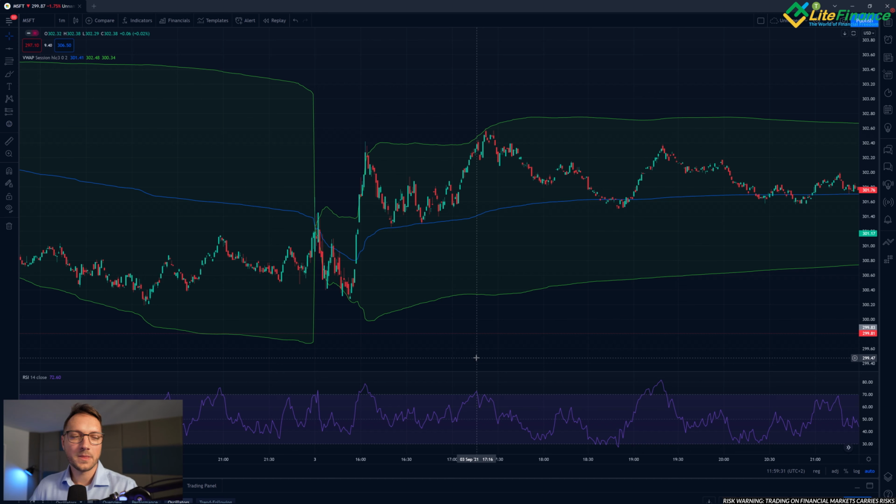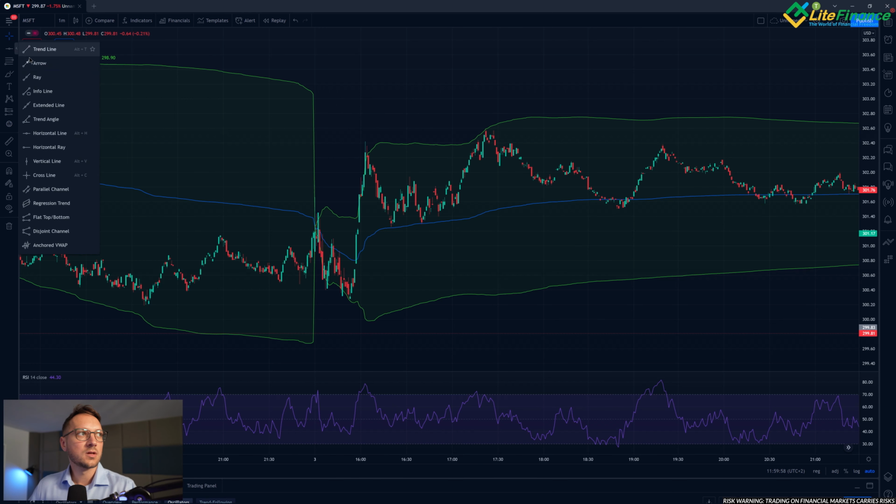What I mean is, when we have, for example, the price above VWAP and we see bearish divergence on the price and the RSI. Here the price was in the overbought zone, and there was this level. Then the price went again into the overbought zone, still above the VWAP, but the price was higher than the previous one.